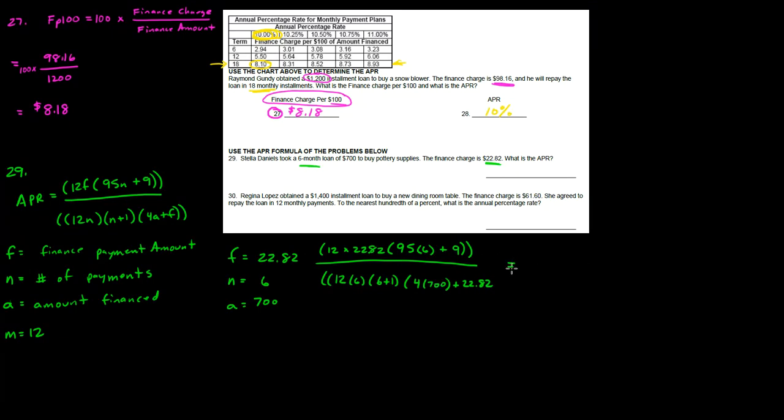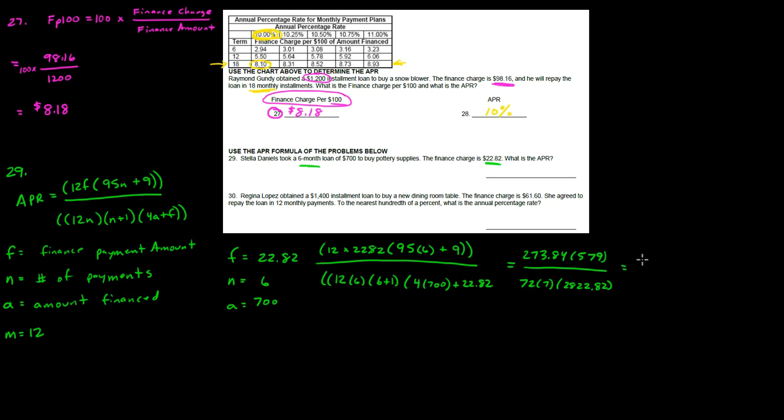When I do my first step here and do some of that multiplying, I'm going to get 273.84 times 579. And then for the bottom, I'm going to get 72 times 7 times 2822.82.